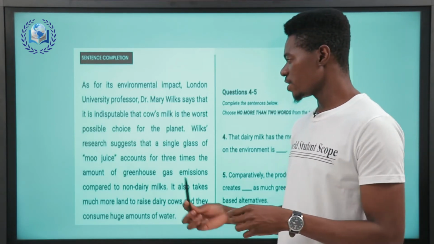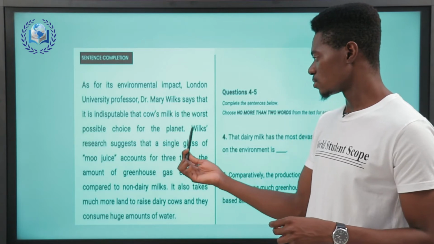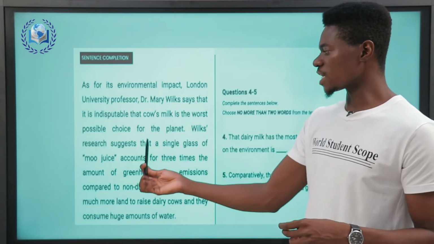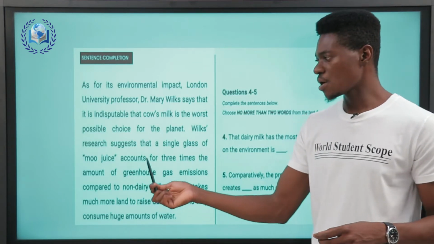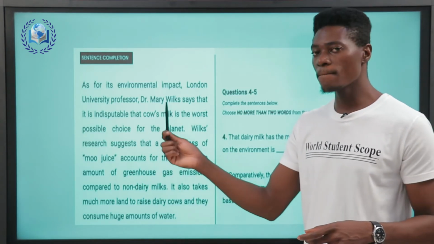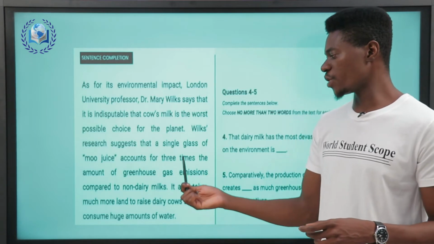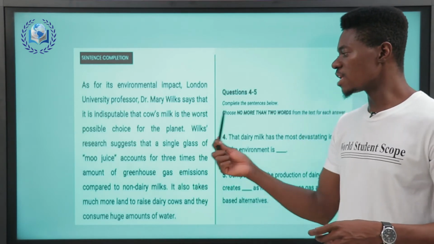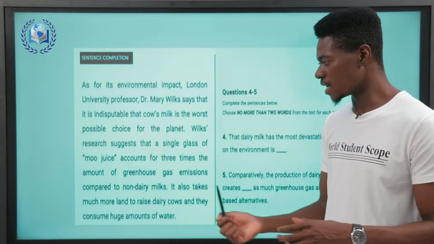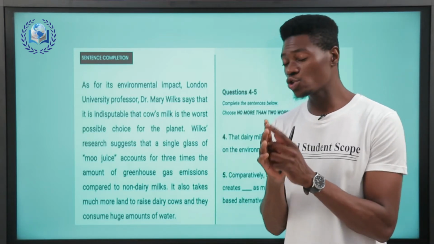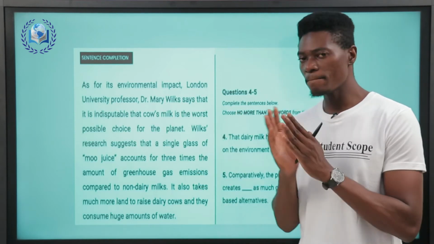You can find here. Wilkes' research suggests that a single glass of cow's milk accounts for three times the amount of greenhouse gas emission compared to non-dairy milk. So here they are comparing non-dairy milk and dairy milk.